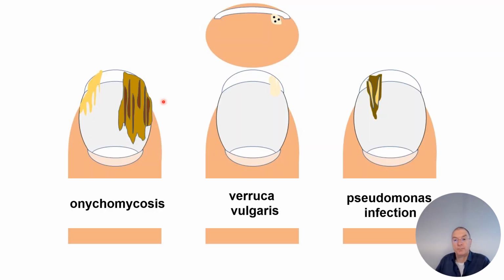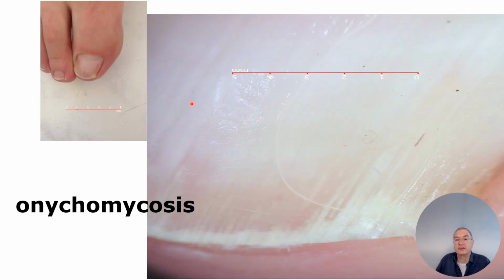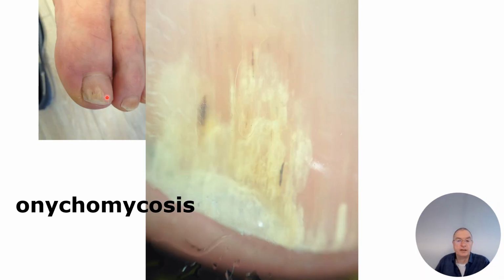Also, we can have some infections, for example, onychomycosis, verruca vulgaris, typical common warts, or also bacterial infections. This is typical for onychomycosis. It's a little bit like mountains. I call this a mountain pattern, which you can have here. And also onychomycosis here, not completely.